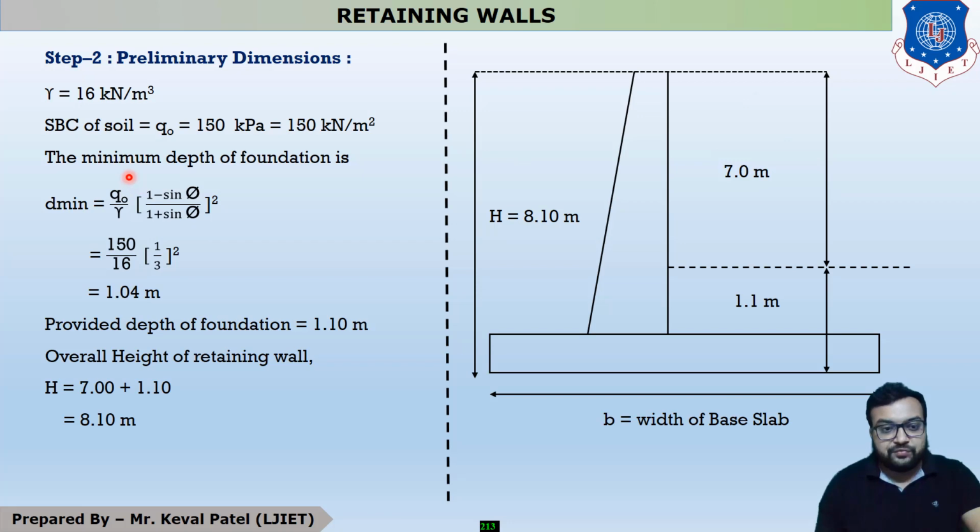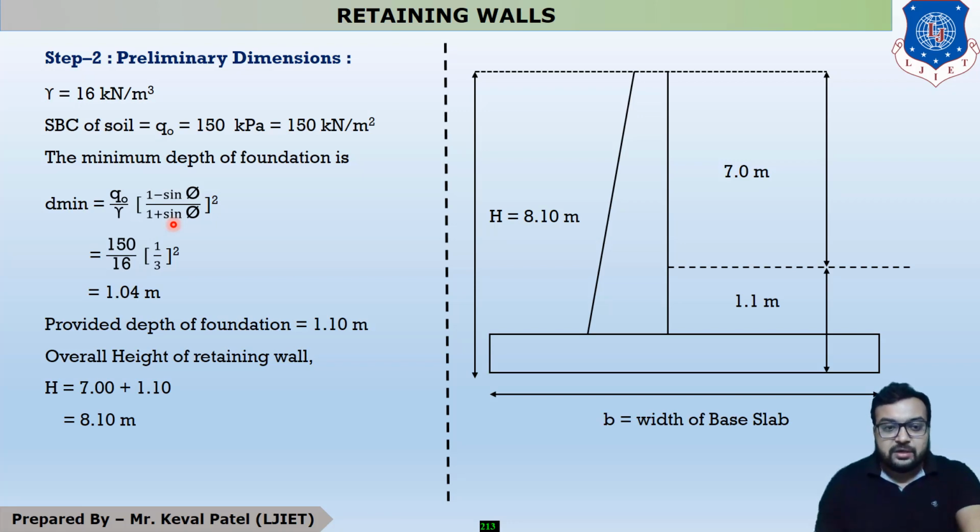So first of all, we have to find out the minimum depth of foundation, denoted by D minimum. So what is the equation of D minimum? The equation of D minimum is Q0 by gamma, in the bracket, Ka square. This bracket portion is equal to the coefficient of active earth pressure, which is denoted by Ka.